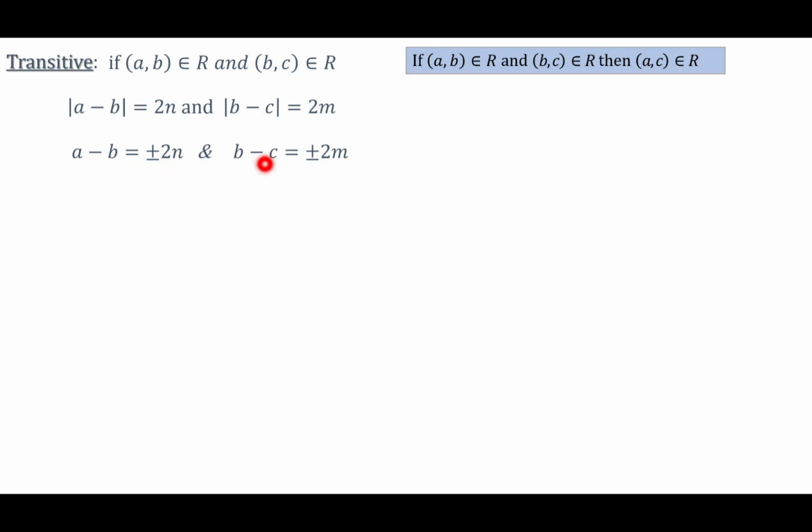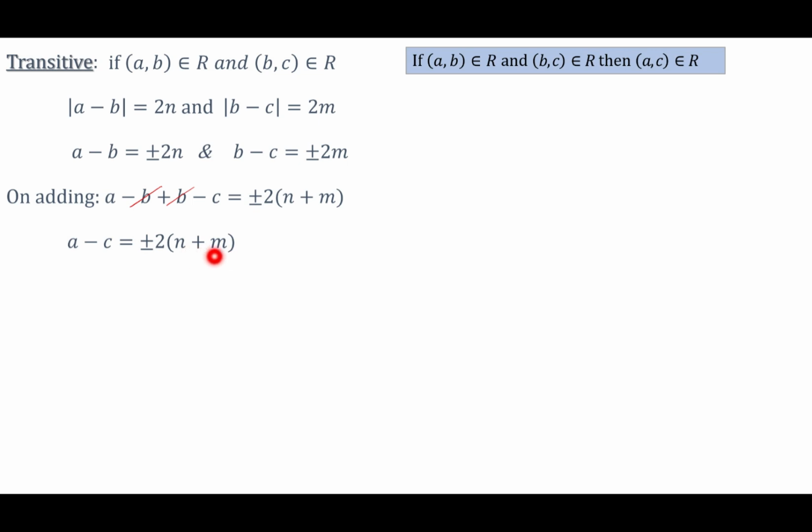Now on adding these two equations, a - b + b - c equals plus or minus 2, which I took common, times (n + m). And here positive 2 and negative 2 get cancelled. So I got a - c is equal to plus or minus 2(n + m).